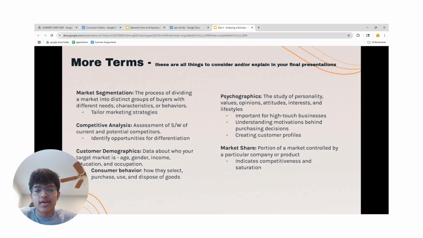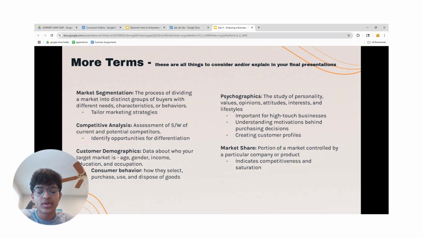Okay, psychographics, this is a super interesting thing. It's gaining prominence pretty recently. It falls under that marketing-esque consumer segmentation type topic, but this is an analysis of the personality, who these people are as people, and how that shapes their desire to purchase something. So this is very, very important. You should be doing this for businesses that have huge amounts of touch points with the consumer, as well as if customer service is a big aspect of it.